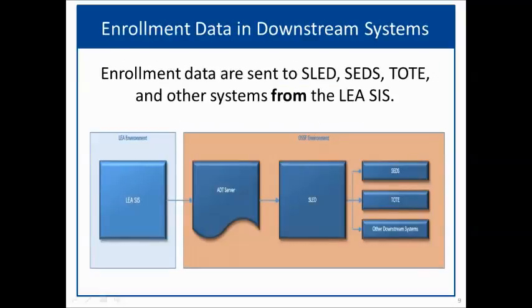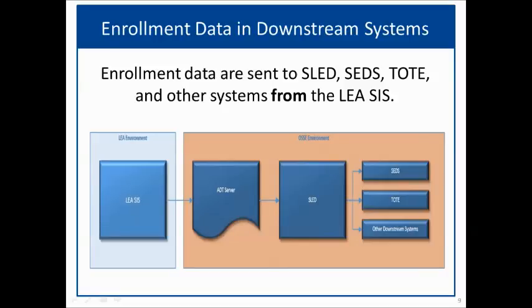And so now let's talk a little bit about how enrollment data moves from your LEA SIS to our systems and even downstream systems beyond SLED. Enrollment data are sent to SLED, SEDS, and TOTE, and even other systems such as CLIC and downstream systems from your LEA SIS.